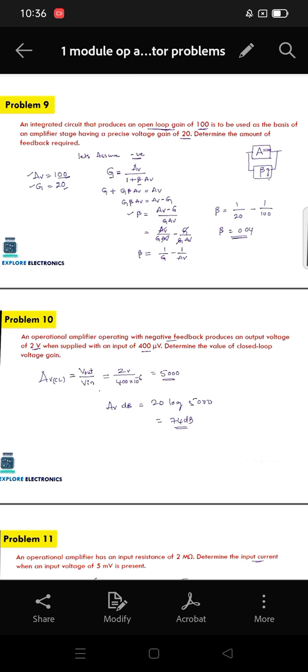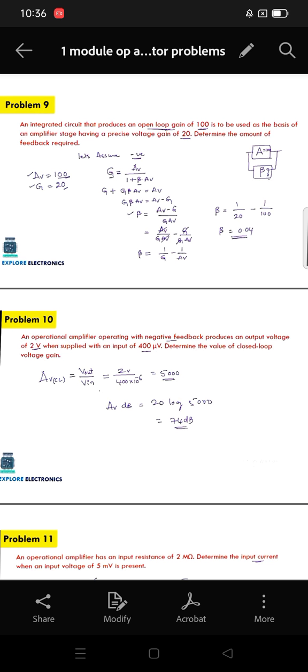Closed loop voltage gain means AV(CL) equals Vout by Vin. Vout is 2 volt divided by Vin, 400 into 10 power minus 6. After simplifying this we will get 5000. AV equals 5000.